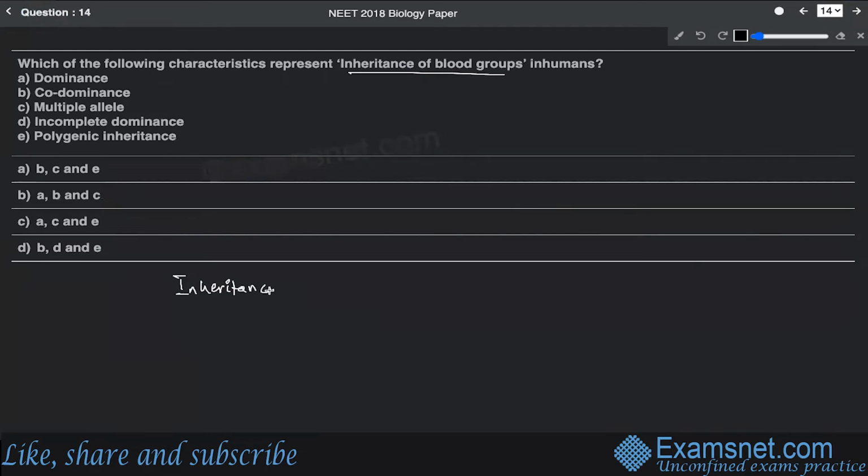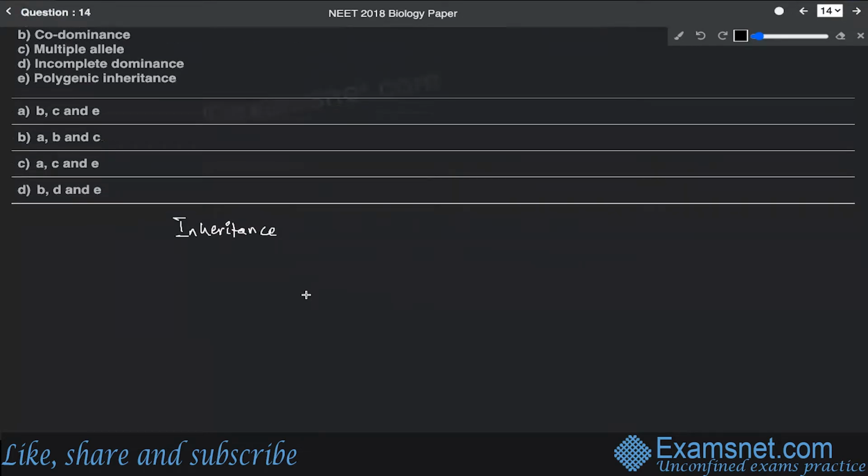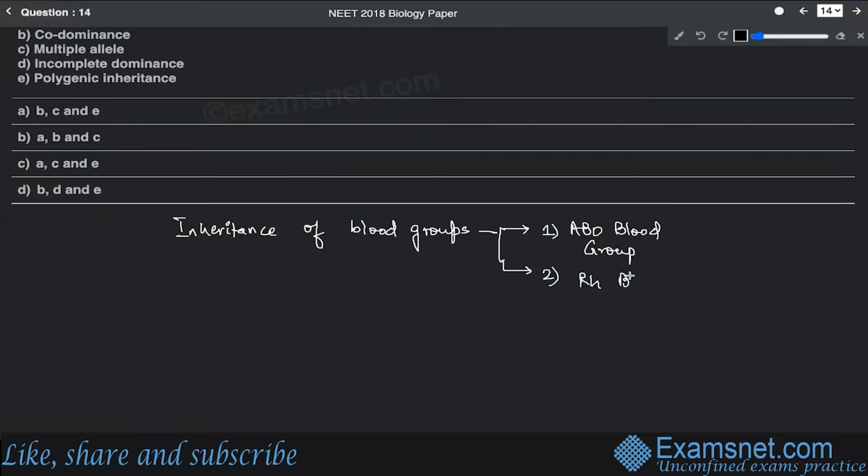Basically, there are two categories of blood groups in your course. One is the ABO blood grouping, and the second one is the Rh blood grouping.